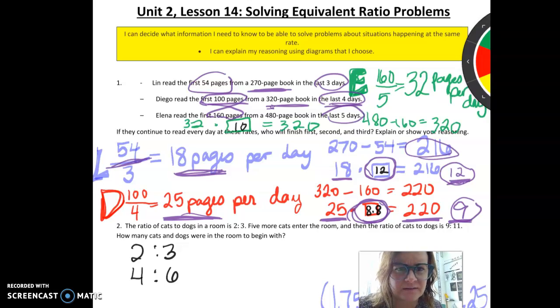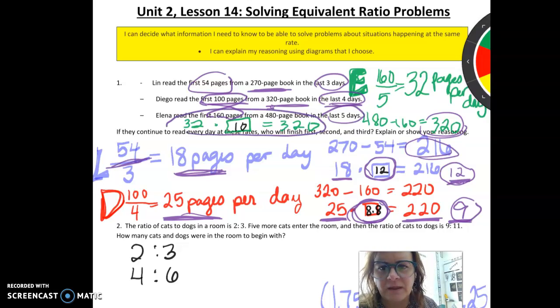So I did 160 divided by 5, and I got that Elena is reading 32 pages a day. And so if I subtract the 160 pages that she's already read from the 480, she still has 320 pages left to read. And so I'm going to ask myself, 32 pages per day times how many days will get to 320 pages? And that, of course, is 10. So it's going to take Elena 10 more days.